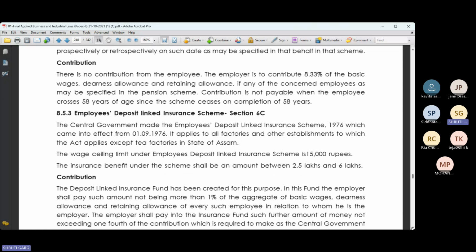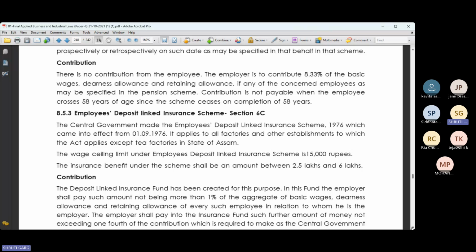It applies to all factories and other establishments to which the act applies except tea factories in the state of Assam. Once again, we will read. It applies to all factories and all other establishments to which the act applies, but it will not apply to tea factories in the state of Assam.